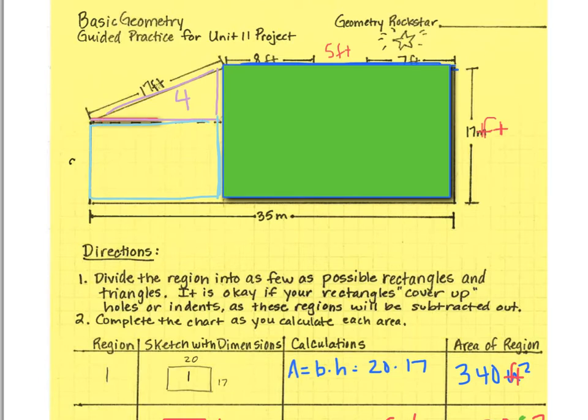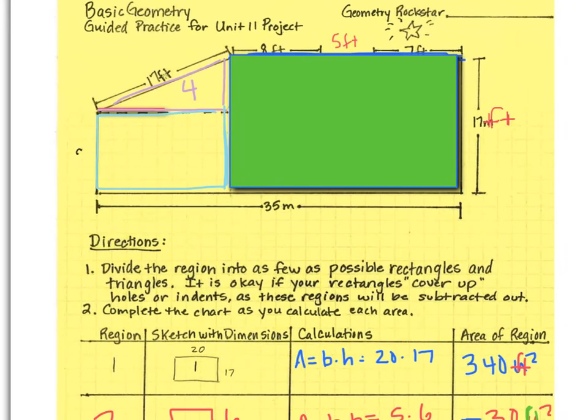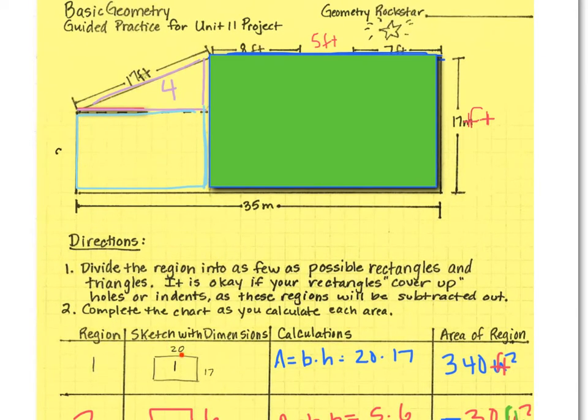So how do we figure that out? Well, I'm going to look down here. And the green rectangle we found in region 1, if you look down below, the green rectangle had a base of 20. So down on the bottom edge, we know this dimension had to be 20 across, which means 20 plus something has to add up to the 35.